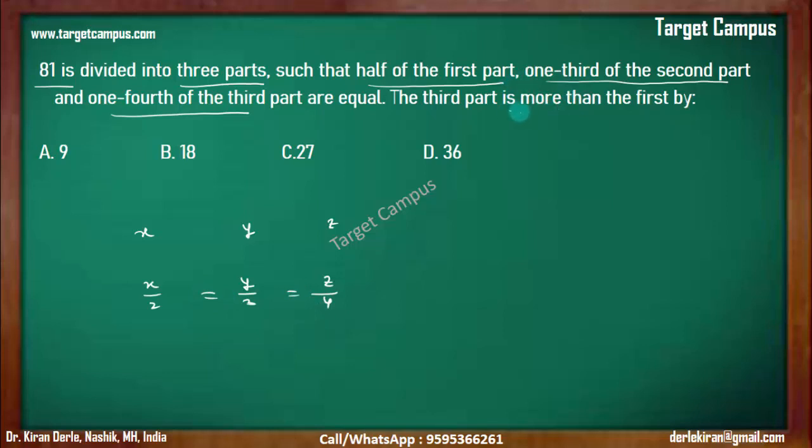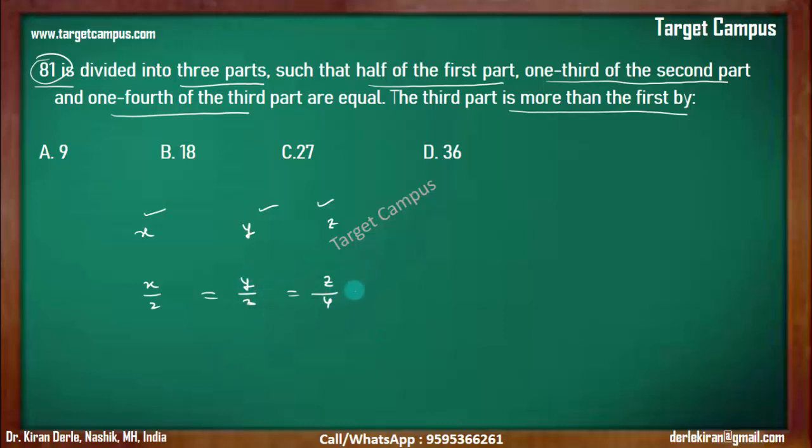The third part is more than the first part, but let's see. So 81 is divided into three parts such that half of the first part is equal to 1/3 of the second part and 1/4 of the third part, right? So we'll try to calculate the ratio first, right?